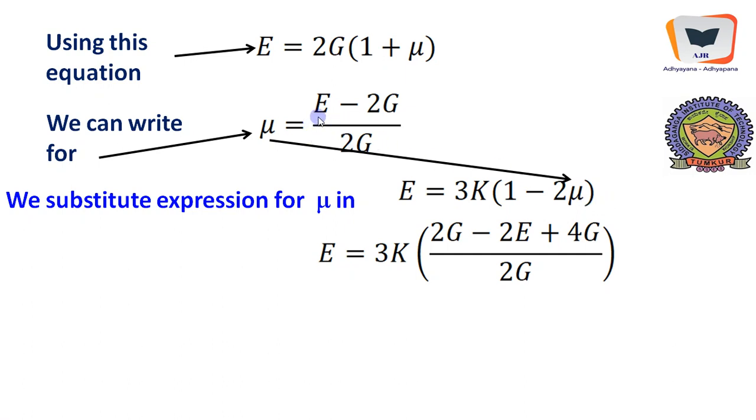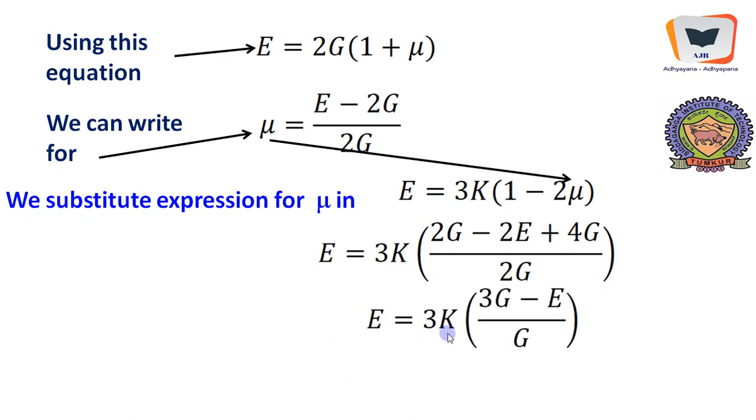In the place of mu we are going to place this expression. 2G is already there, and we will get this kind of expression: (2G minus 2E plus 4G) divided by 2G, when you take the LCM. 4G plus 2G makes it 6G, 6G minus 2E, and we will take 2 as common factor, 2 and 2 will get cancelled away, and we will remain with 3G minus E.